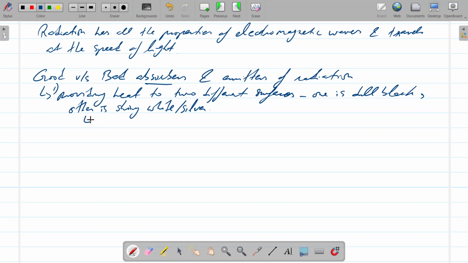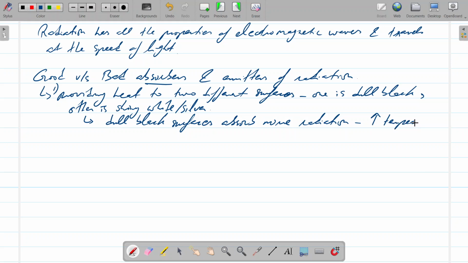And so what's observed is the dull black surface absorbs more of the radiation. Why? Because you can figure that out by an increase in their temperature. Right, so there's a greater temperature increase, and that means that they have taken up thermal energy via radiation.